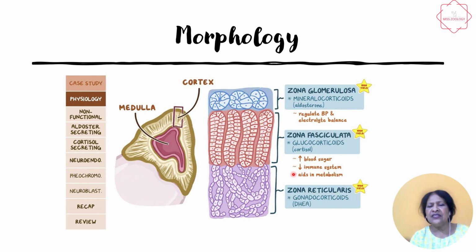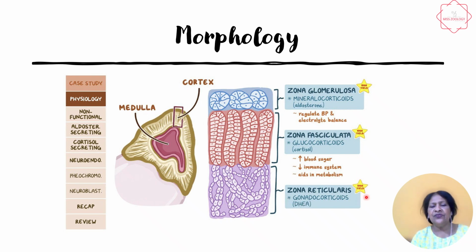It also assists in the immune system for promoting immunity in the body. Moreover, it has a function in metabolism as well, since it is the glucocorticoids which affect the metabolism of carbohydrates, proteins, as well as the fats.